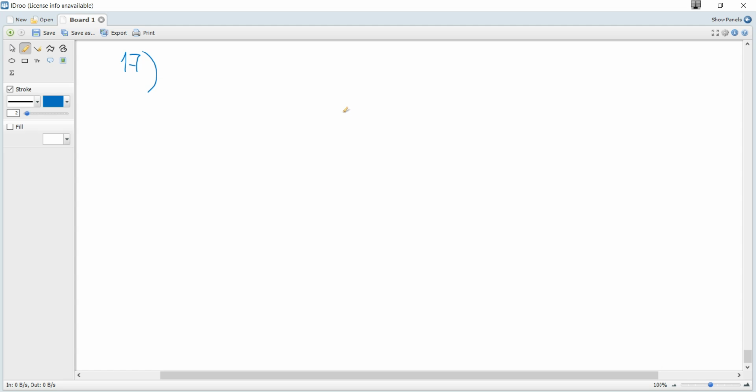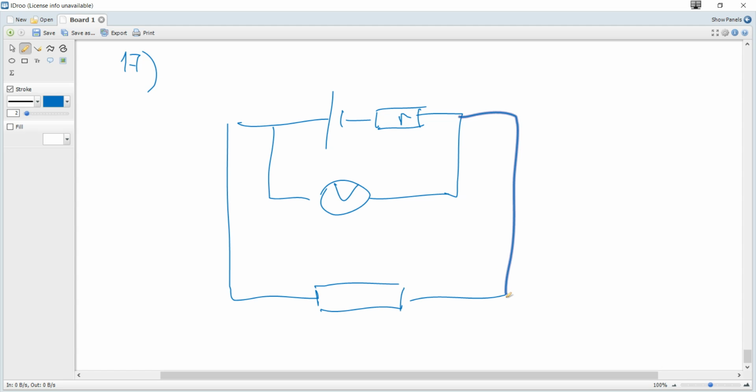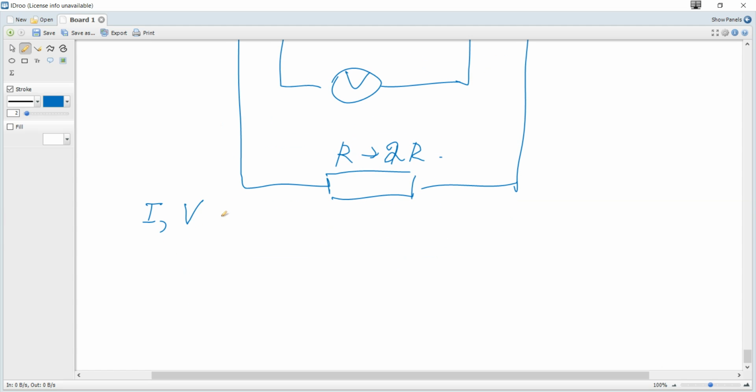So we have a cell with internal resistance, and we measure terminal voltage, and a variable resistor, and this resistance increases to 2R. Initially the current is I and the voltmeter shows V, and we need the new current and new potential difference.